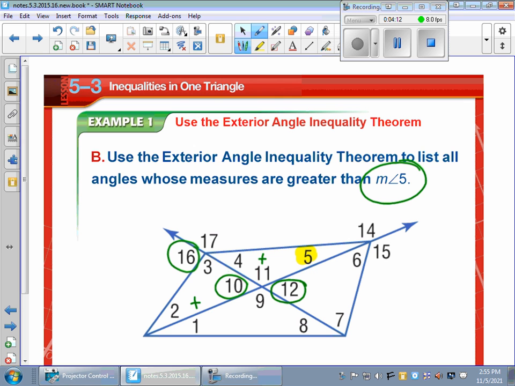Then we also have angle 15, because angle 15 is 12 plus 7, so angle 15 is bigger. And the last one is 17, because angle 17 equals 11 plus 5. So those are my angles. All those that are circled are angles that are bigger than angle 5.